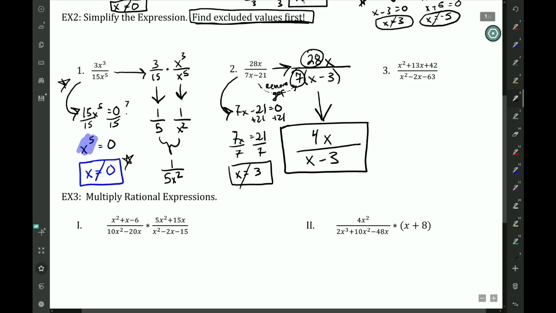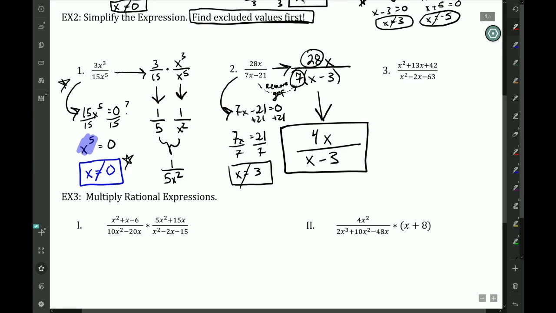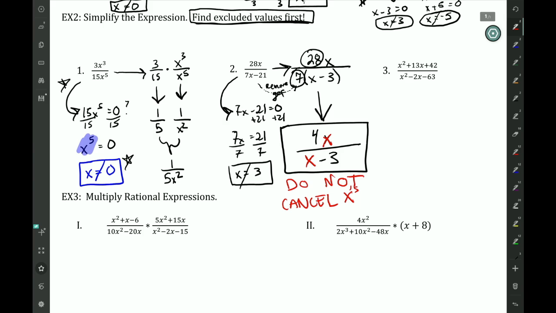Do not cancel the x's in this particular case. Okay? Do not cancel them out. I'll show you another example in a little bit where maybe you would, but in this case, this is what you will leave it as.